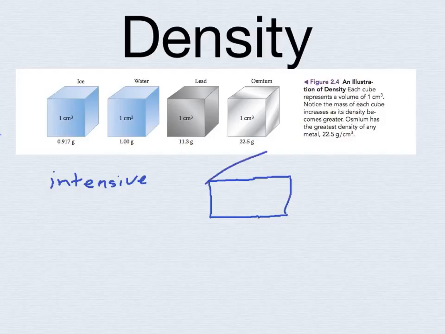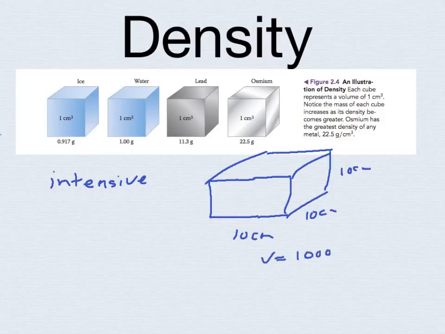Now there's no way I'm going to be able to draw that, well I could, if I made my box much, much bigger, say 10 times bigger on each side, 10 centimeters by 10 centimeters by 10 centimeters. The volume of that box would be 1,000 cubic centimeters. So that's 1,000 times bigger than the boxes above.